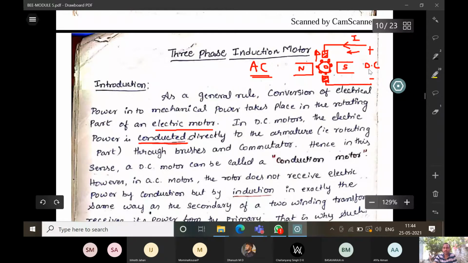So a DC machine is called a conduction motor. Now you have the idea of what a conduction motor is.